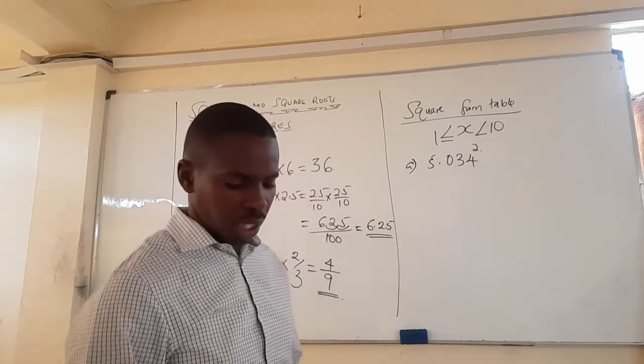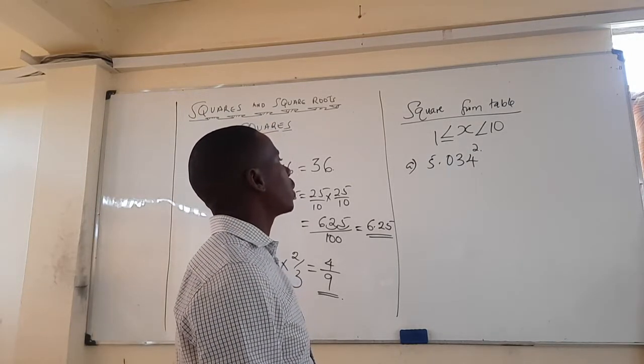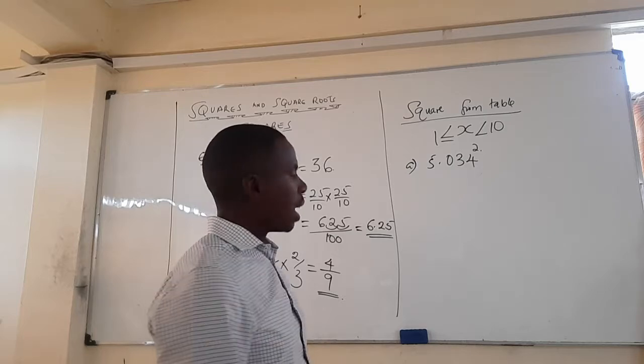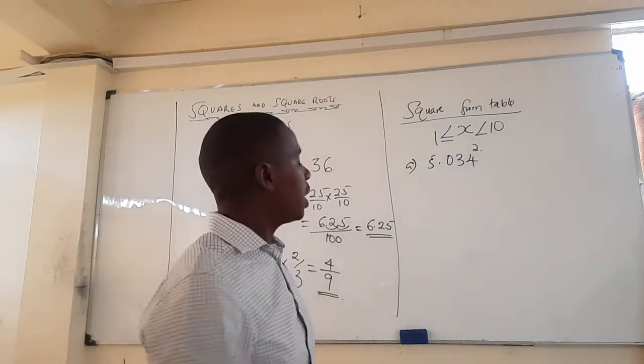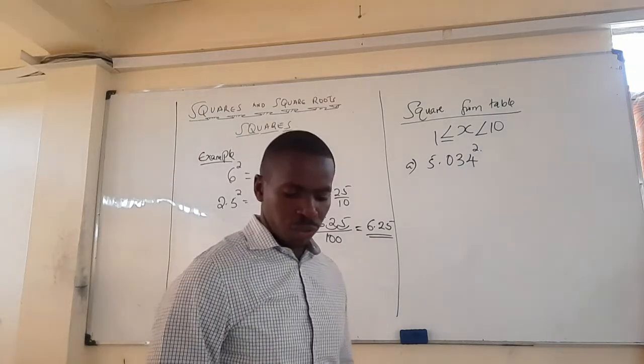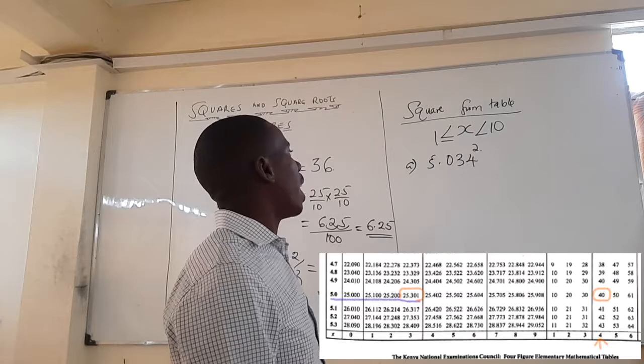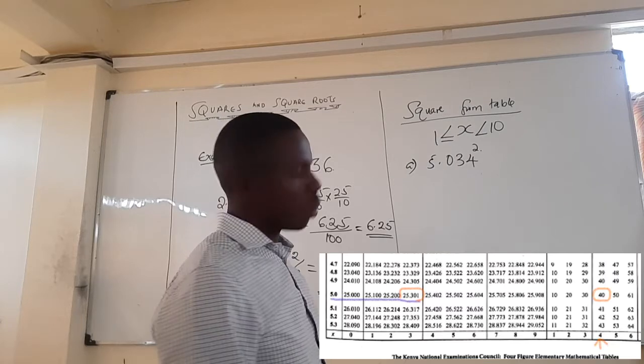We look at the first three digits, that is 5.03, from the table. And then for that 4, we look at the addition column of our table. We see what corresponds to 4 along that row.